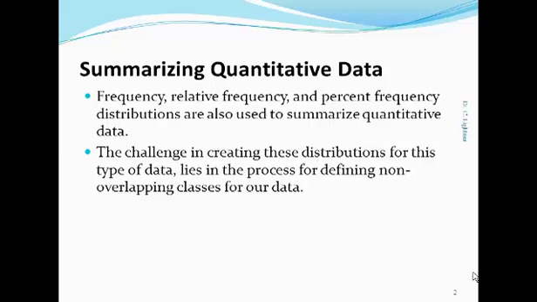Having two classes where one has a height that is relatively small and the other contains the overwhelming majority of data values from our data set would not provide useful information.